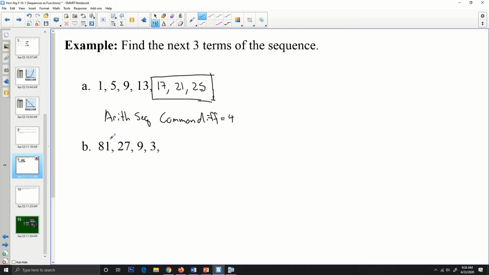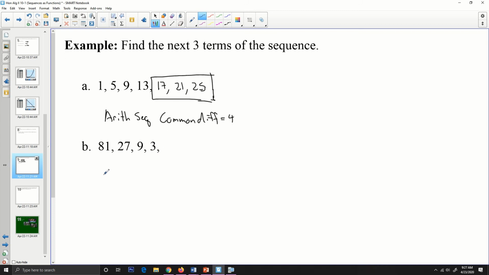So let's divide here. 81 divided by 3 is 27. 27 divided by 3 is 9. 9 divided by 3 is 3. Now we said division, but remember, divided by 3 is the same as multiply by a third.